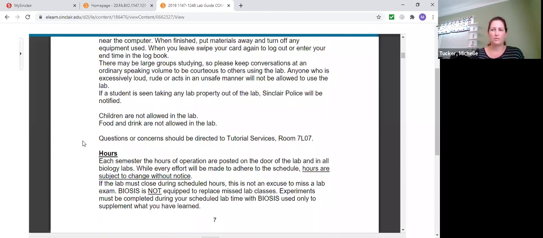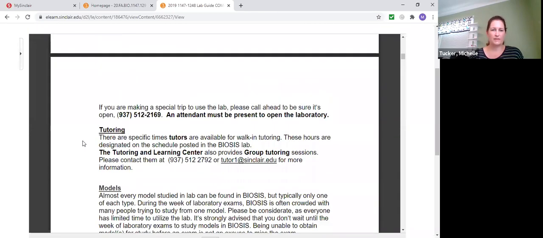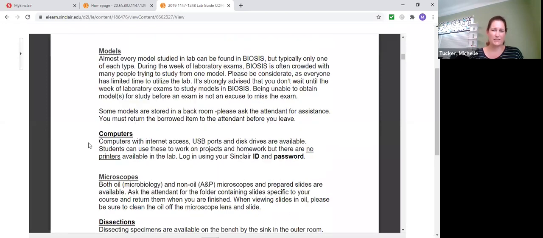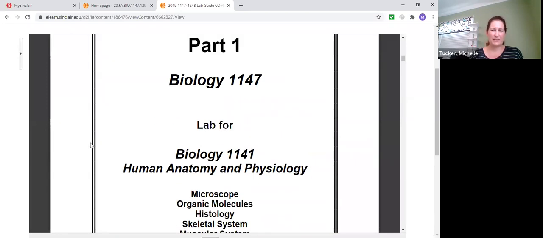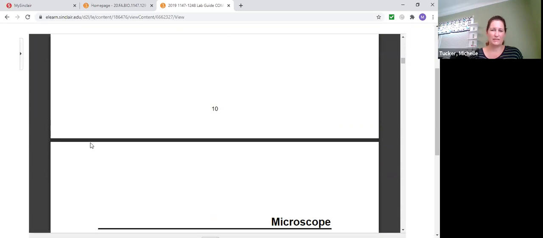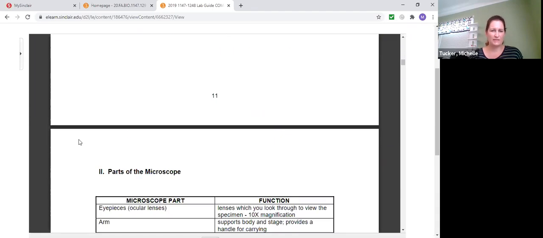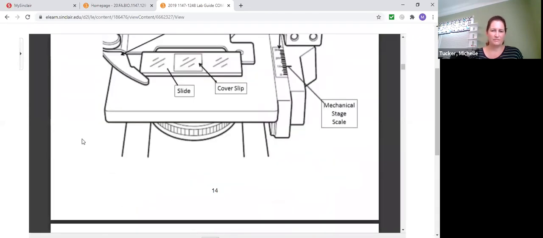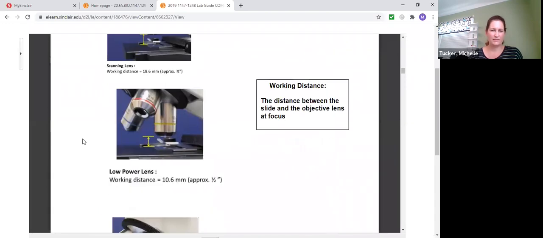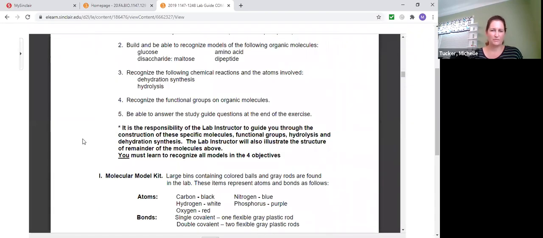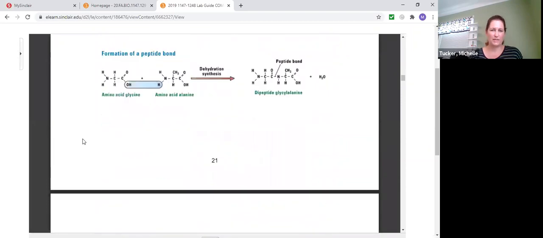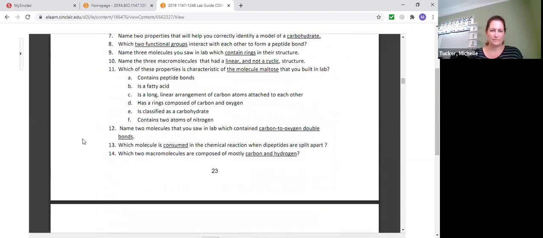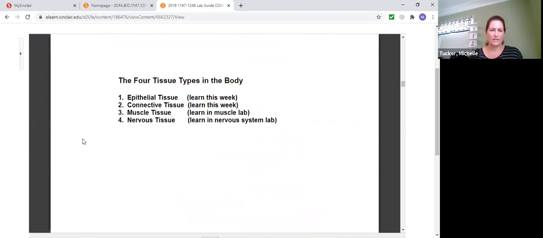On some of the PowerPoints, if the page numbers are off, just go with it, because some people have a white lab manual, some have an orange lab manual, and some have it online. So it may not match perfectly, but you should be able to figure it out from the topic.